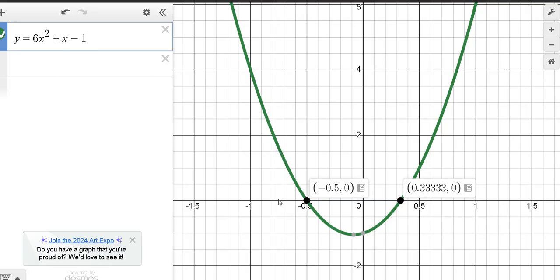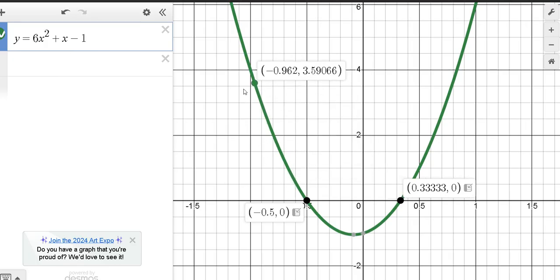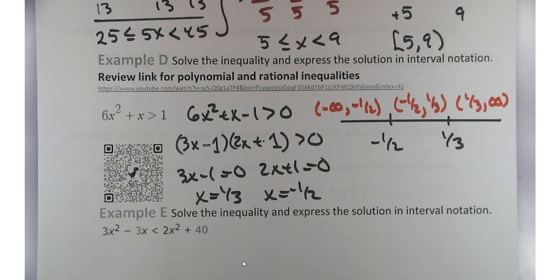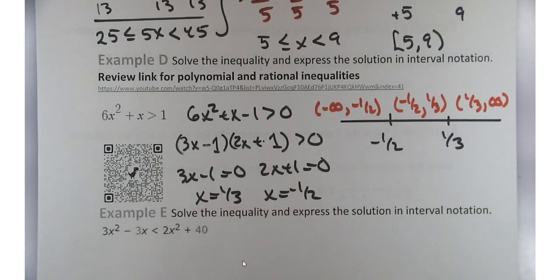Take a look at the y-coordinate. The y-coordinate on the graph here, is it positive or negative? It's positive. In fact, it doesn't matter where you are to the left of this x-coordinate, your y-coordinate is always going to be positive. So any value of x that I put in to the left of -1/2 is going to make this expression positive.